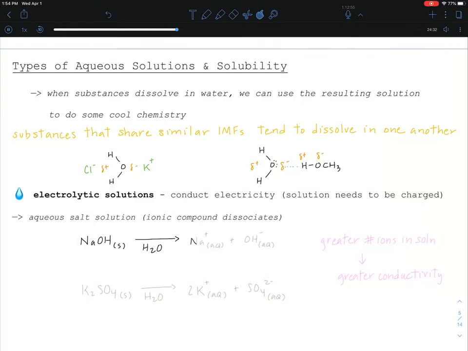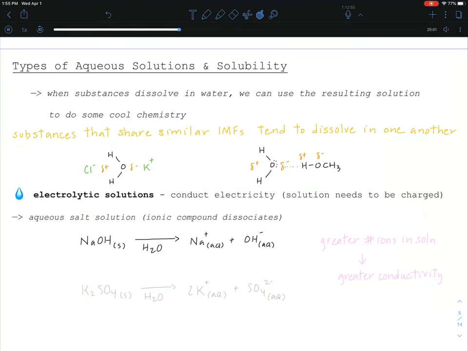And what you get is sodium ions, aqueous, and hydroxide ions, also aqueous. Our product is a sea of charged particles through which we can conduct a stream of charged particles, otherwise known as electricity. So we have an electrolytic solution here.